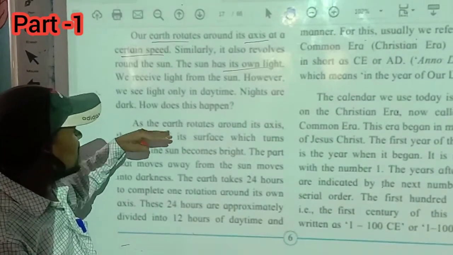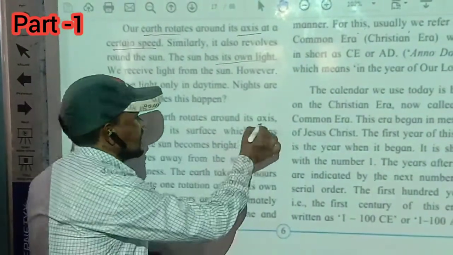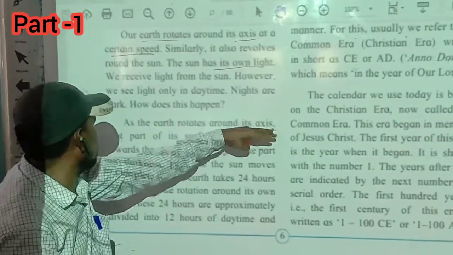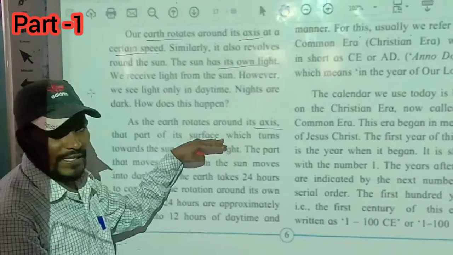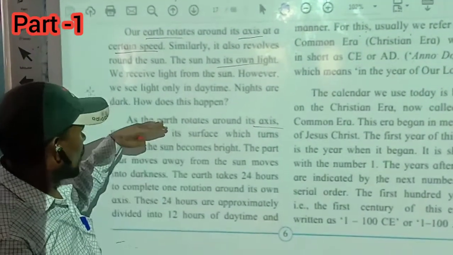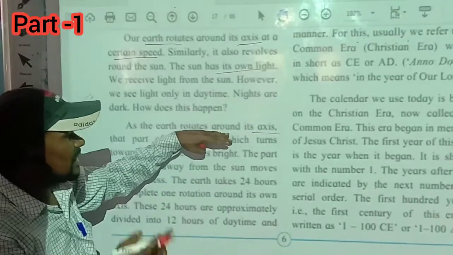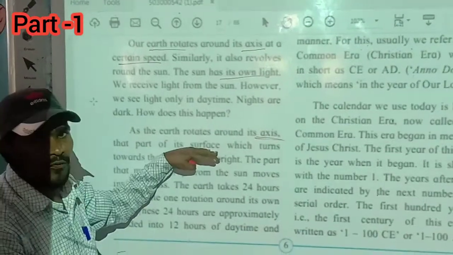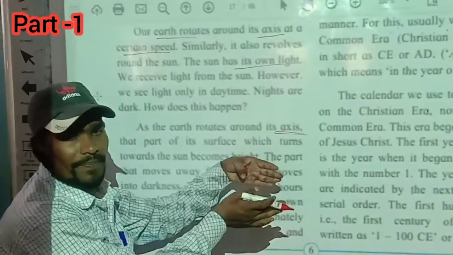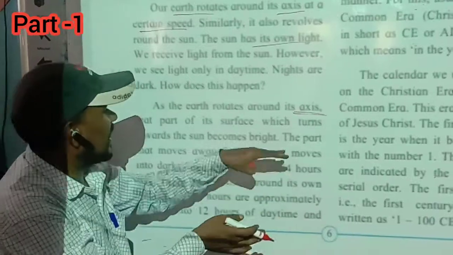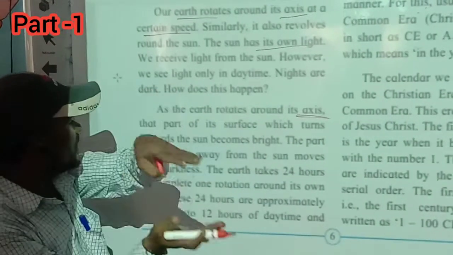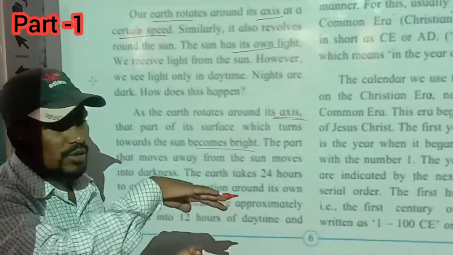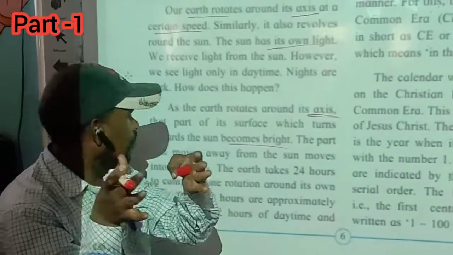Look now, as the earth rotates around its axis, that part of its surface which turns toward the sun becomes bright.